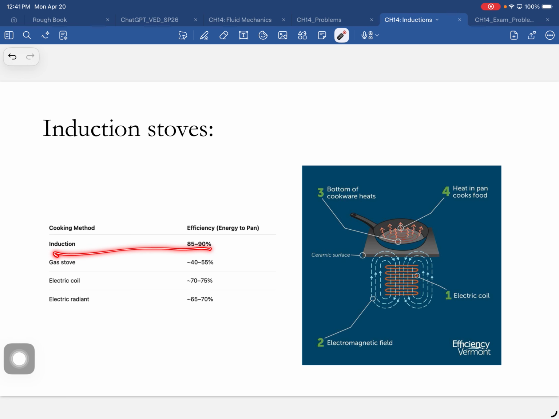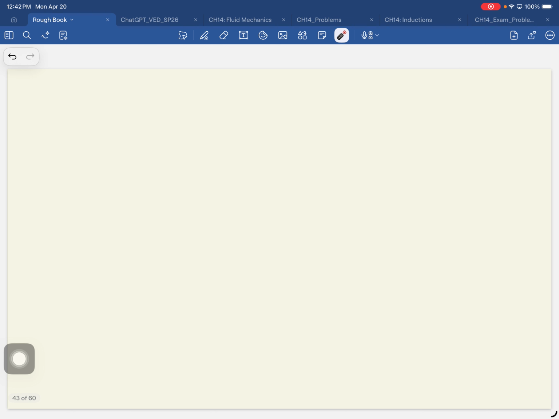So what are these induction stoves? Induction stoves are just a coil where you pass an AC current through the coil. When you pass a current through this coil, it produces a magnetic field, and if the current is AC, then the magnetic field changes. Let's say here's the coil.